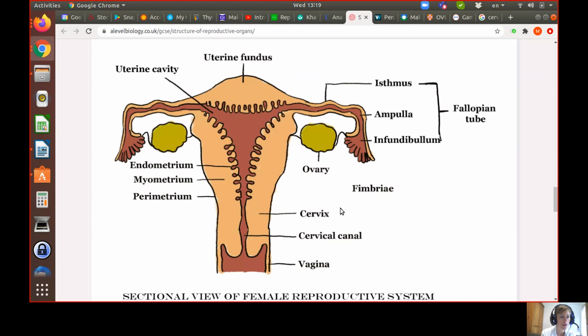The cervix. Very good. And then we have the womb here, like the whole thing. What is that? The uterus. Very good. And then we have this tube here. You actually have two. What's that called? The fallopian tube or the oviduct.